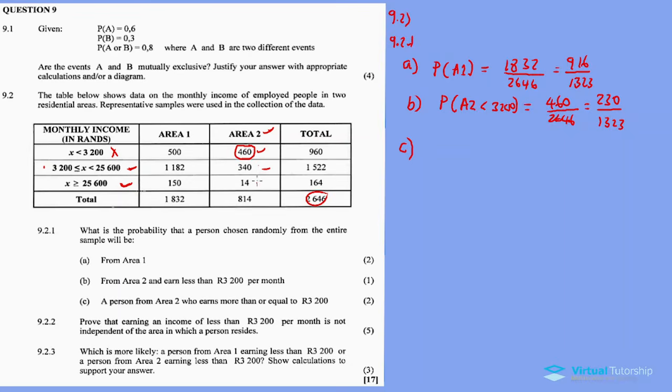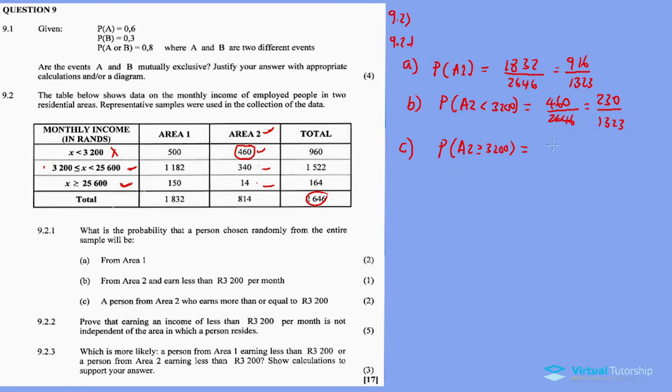So add 340 and then 14, compared to the entire sample chosen randomly. So our total is 2,646.